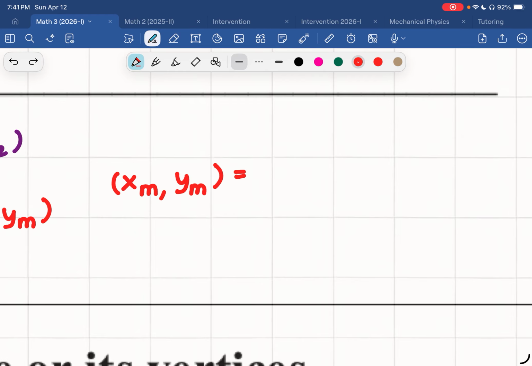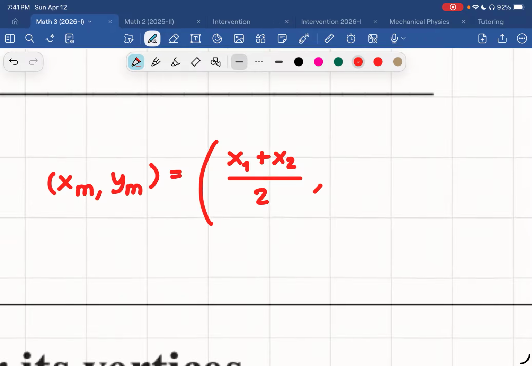You're going to add the x coordinates and divide them by 2 because we're finding the midpoint. Midpoint means we're dividing by 2. Okay? And then you're going to take the y coordinates, add them, and divide them as well by 2.